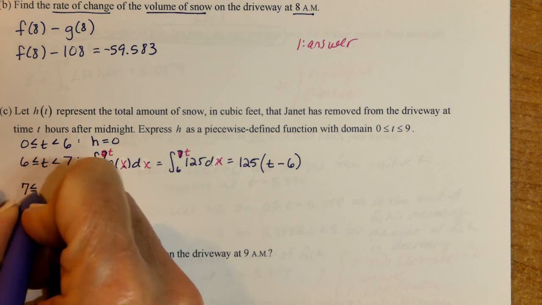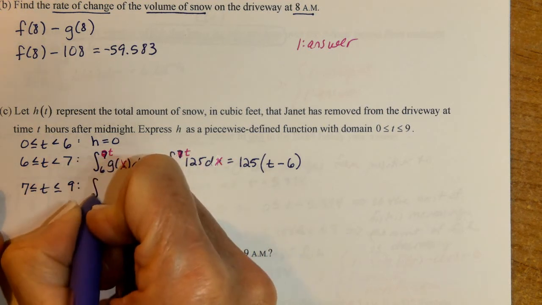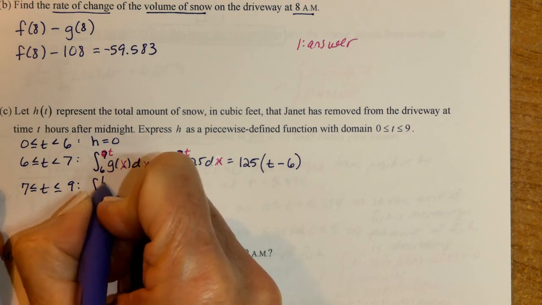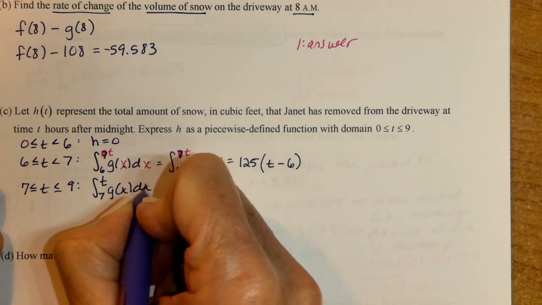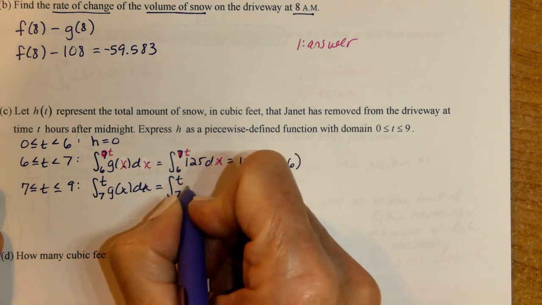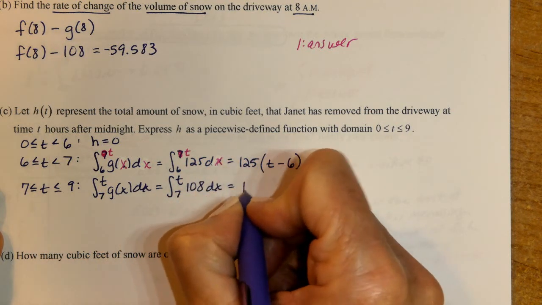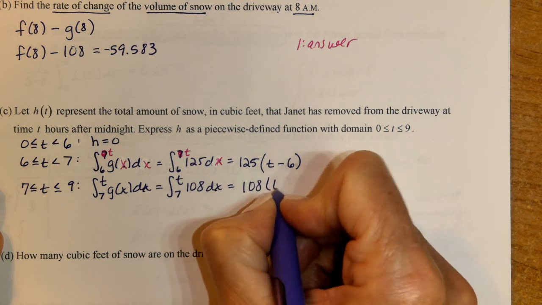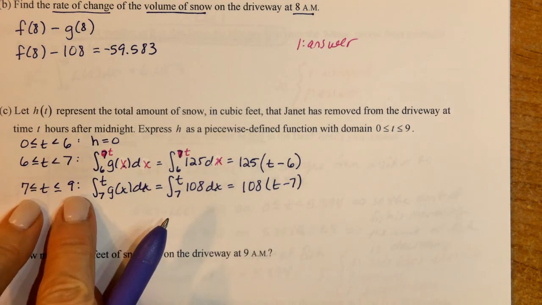Similarly, from 7 to 9, I'm going to have the integral from 7 to some time of my g function, and this time I'm using the 108 rate, so it'll be 108 times t minus 7 for that time period.